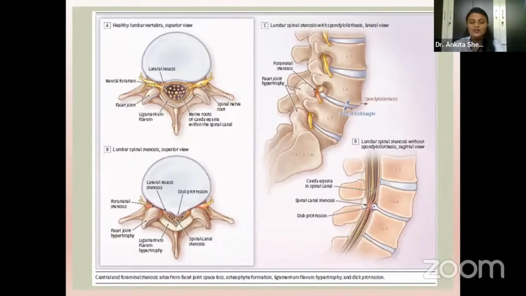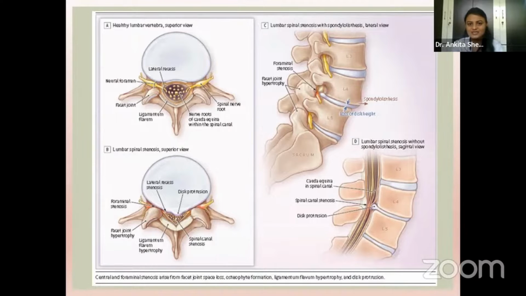Whereas if you see the left bottom image, which shows a stenosed spine, there is a disc protrusion which is causing spinal canal narrowing from the anterior direction. Posteriorly, there is ligamentum flavum hypertrophy, and laterally there is facet joint hypertrophy, which is again causing foraminal stenosis.